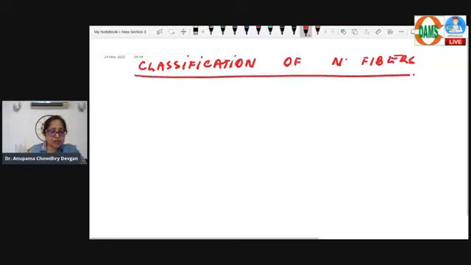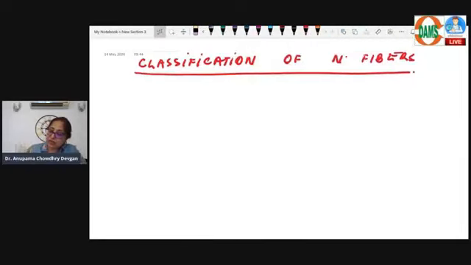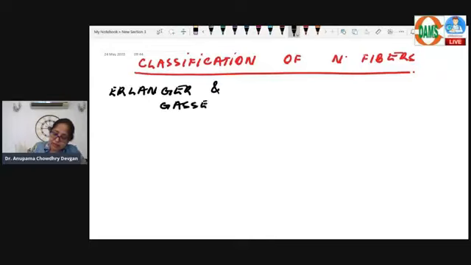Now, as far as classification of nerve fibers, there are 2 types of classification, and number 1, you have what is known as the Erlanger and Gasser classification. Right?